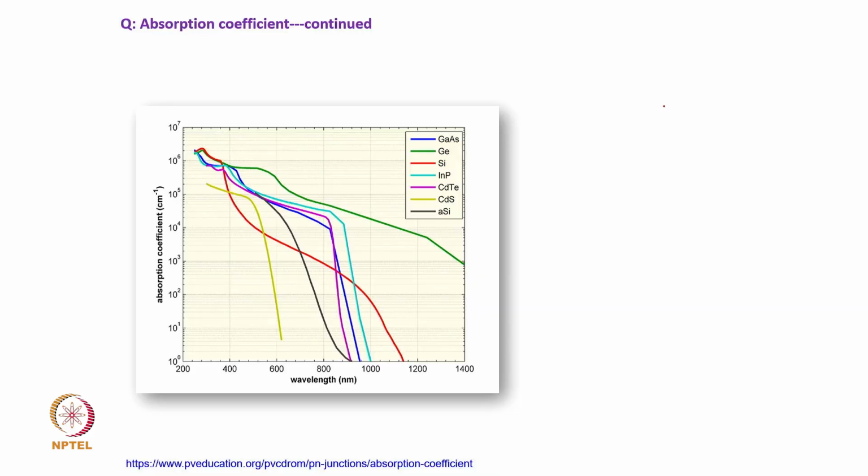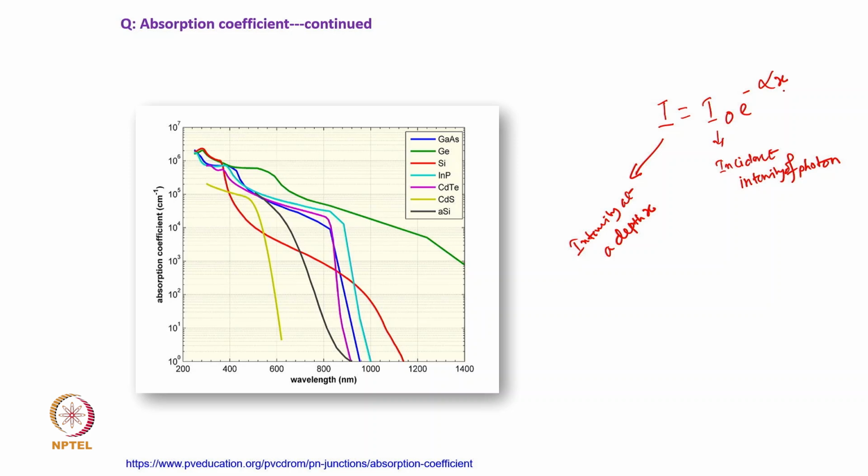We define absorption of light: this is the incident intensity of light, this is the intensity at a depth x, and alpha is the absorption coefficient.